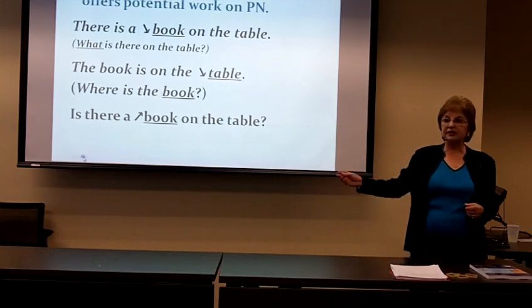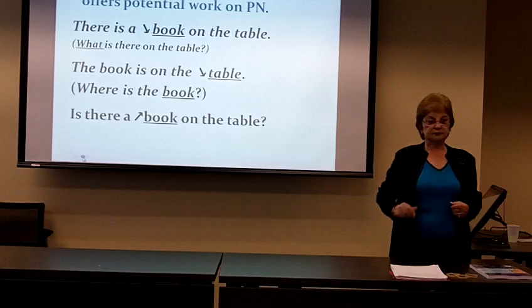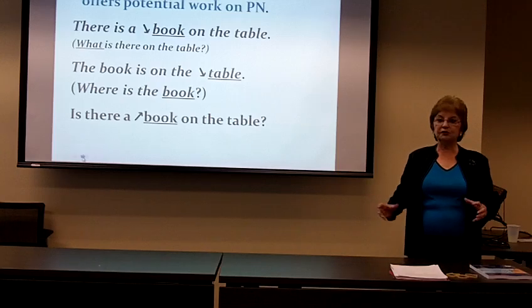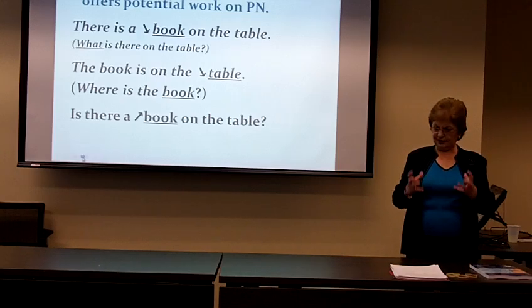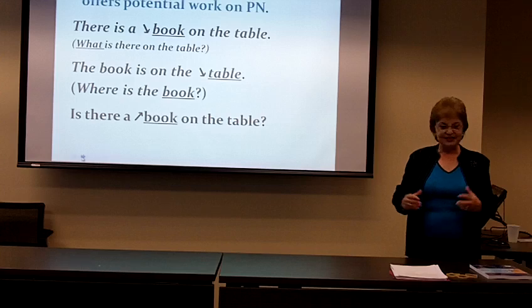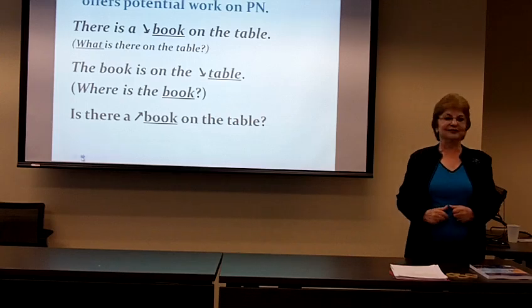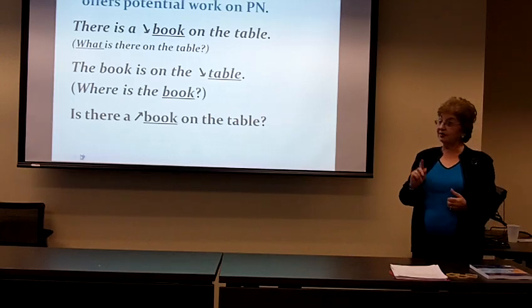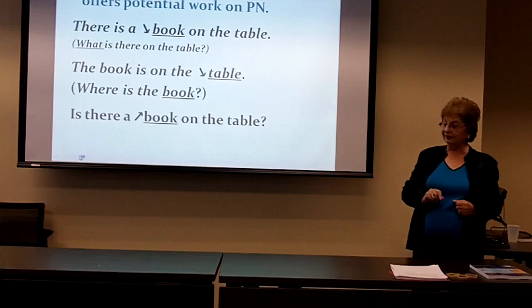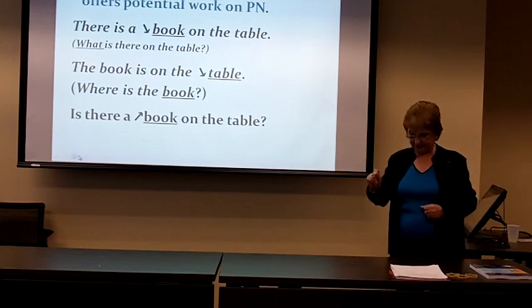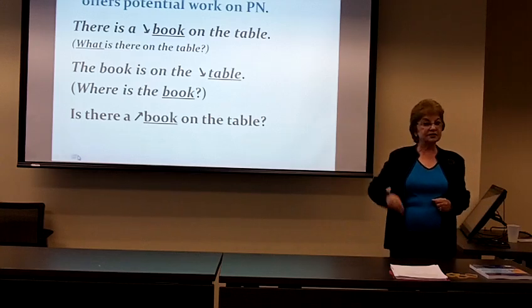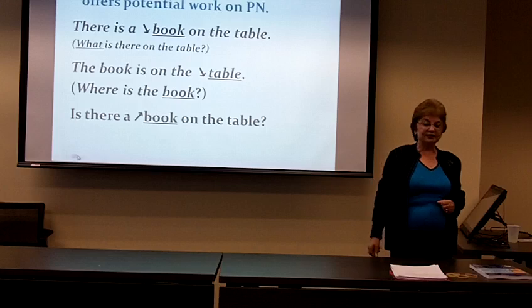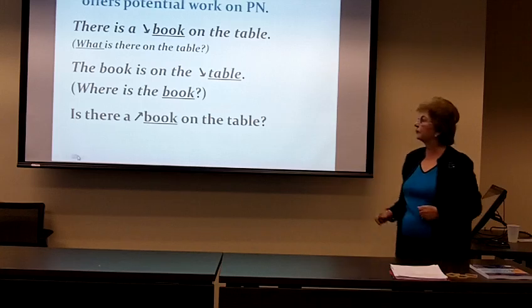Let's say it together. There's a book on the table. Once more. I want to hear book again. There's a book on the table. Very good. Is there a book on the table? Yes.